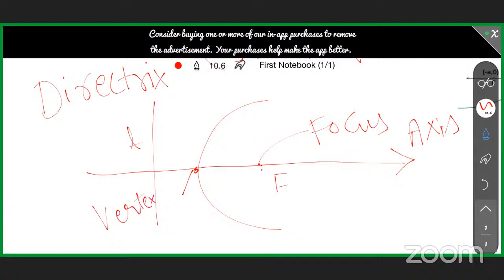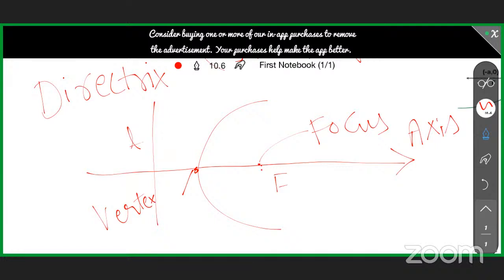So these are the different parts of the parabola. The fixed point is called focus. The fixed line is called directrix. The cutting line is the axis. The point at which the parabola cuts the axis is called the vertex. Do you understand the different parts of the parabola?